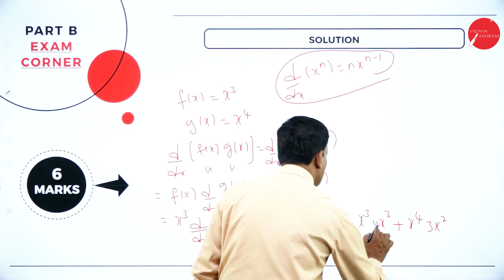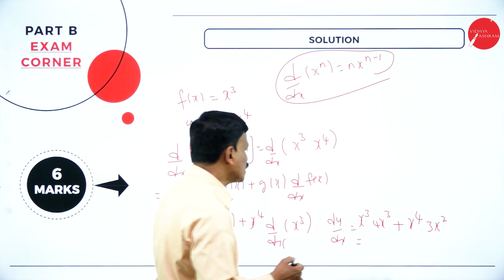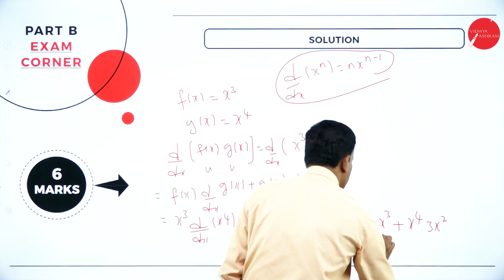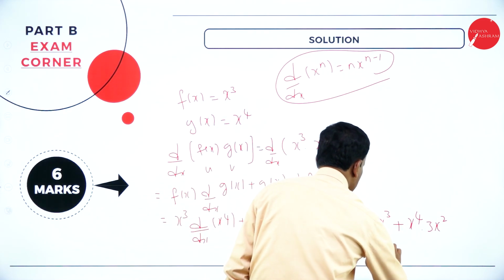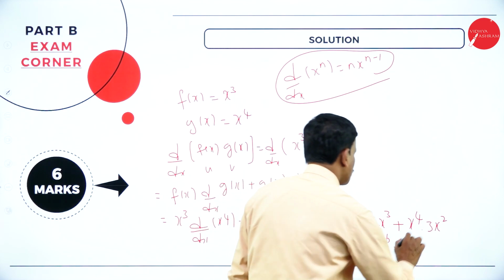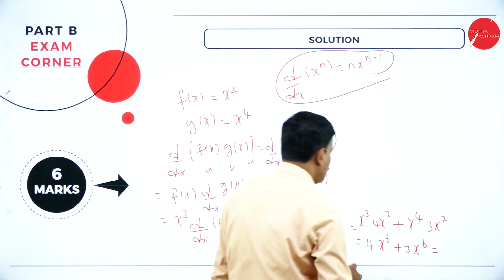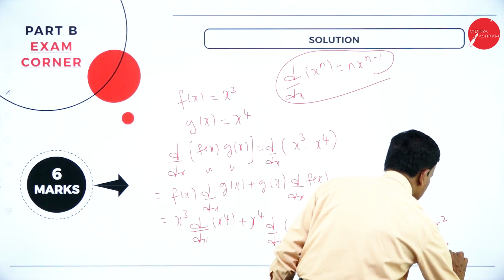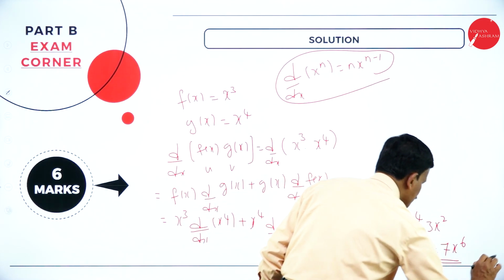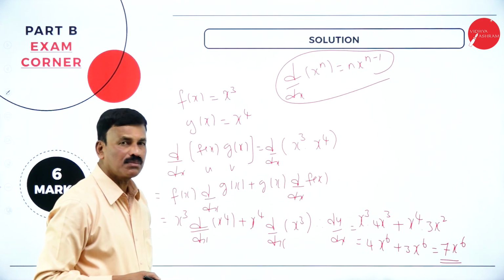So this is nothing but x cube into 4x cube plus x to the power of 4 into 3x square. So this can be written as 4 into x to the power of 3 plus 3. Law of indices, x to the power of 3 plus 3 is 6, plus this is 3 into x to the power of 4 plus 2, so totally we can write 4 plus 3, this is equal to 7 times x power 6. That's it. The differentiated answer for this is 7 times x to the power of 6.